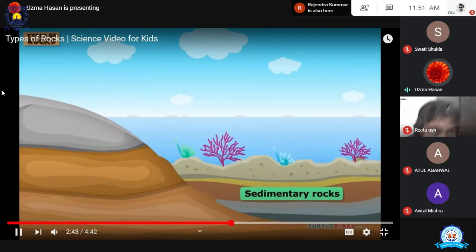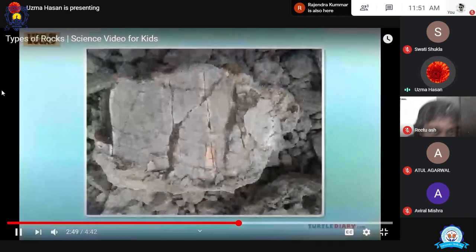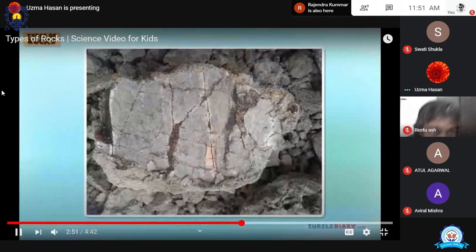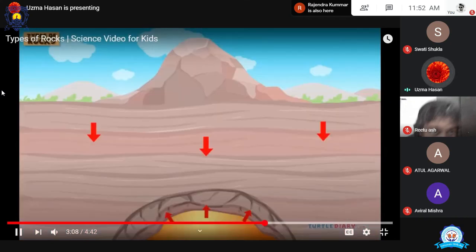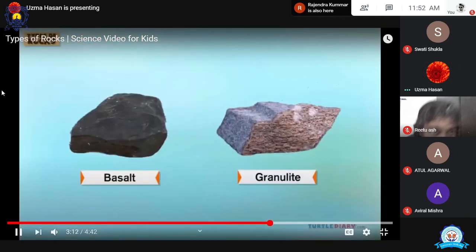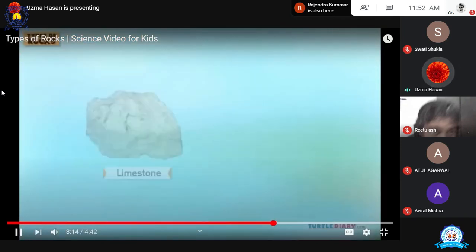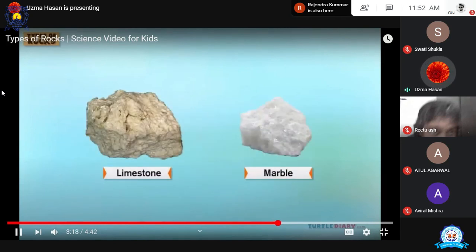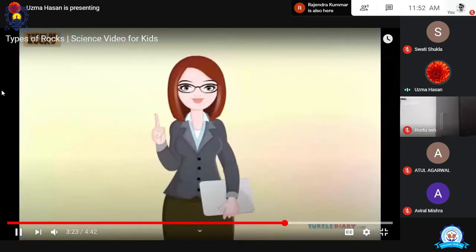Other rocks change from one kind to another. Metamorphic rocks change form. That changes these rocks. Basalt can change into granulite. Limestone can change into marble. Have you ever seen something made of marble? Maybe a statue.